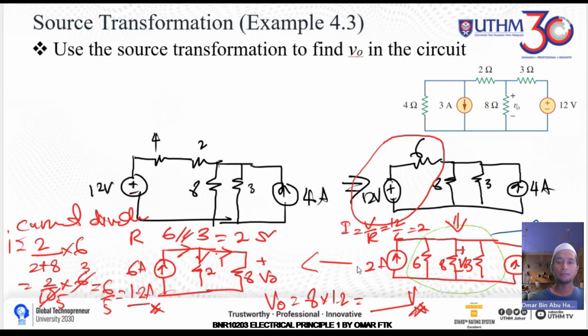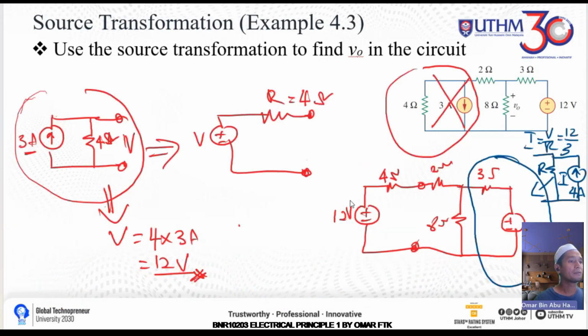I think I made a mistake here somewhere because this current is to the bottom and this one is to the top, right? That means I got the wrong value.